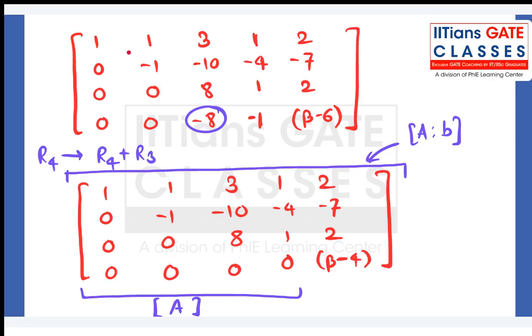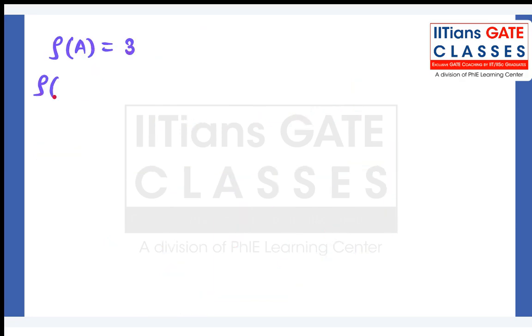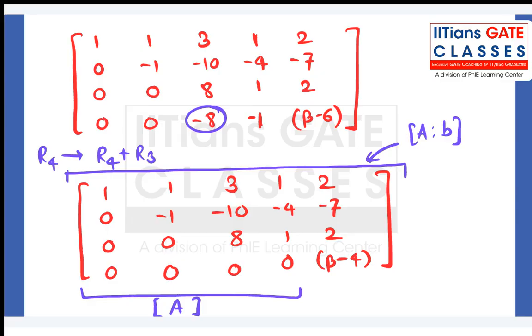Okay. But if you look at the rank of the augmented matrix, it depends on beta, because it depends on this beta minus 4 term, right? Because the others are non-zero numbers.